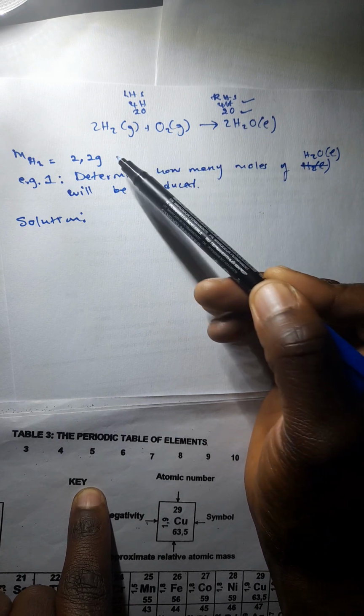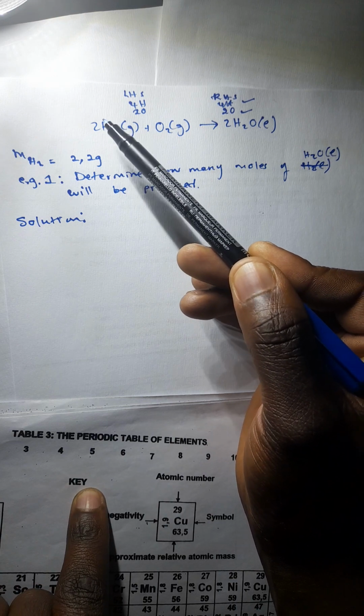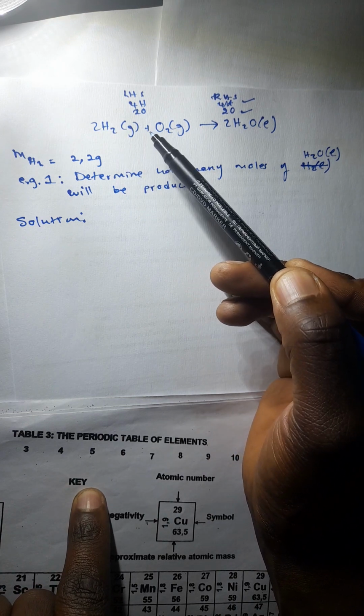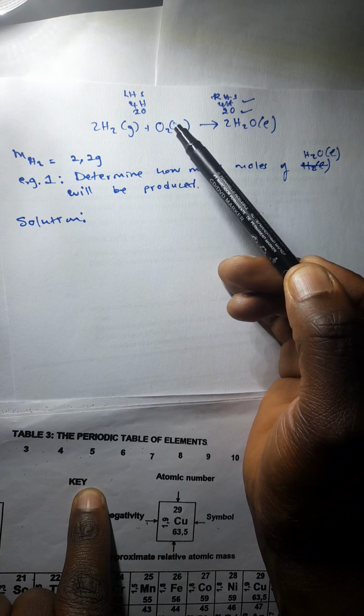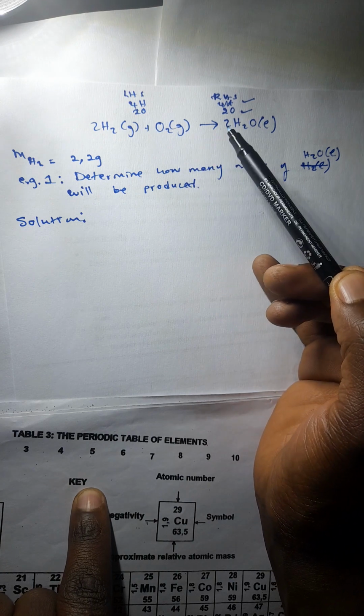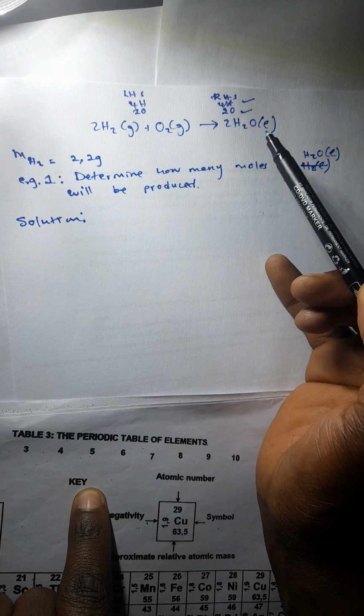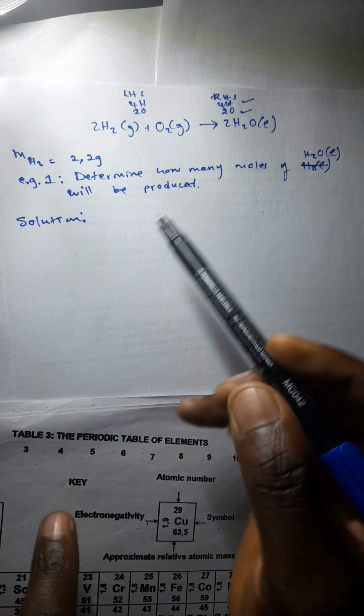Can I repeat that? 2 moles of hydrogen gas reacts with 1 mole of oxygen gas to give you 2 moles of water liquid.